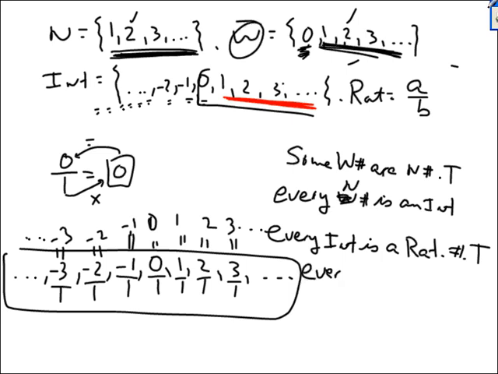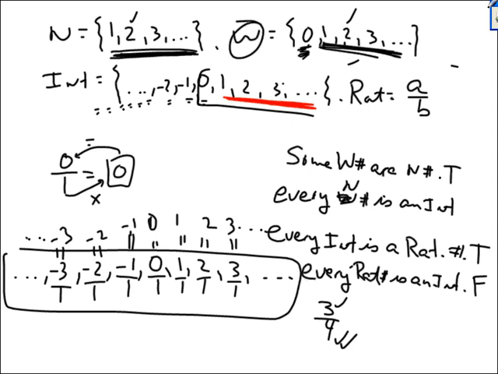But what about every rational number is an integer? Well, this one's false, because 3 over 4 is a rational number. I know it is. 3 is an integer, 4 is an integer, and that bottom number 4 is not 0.